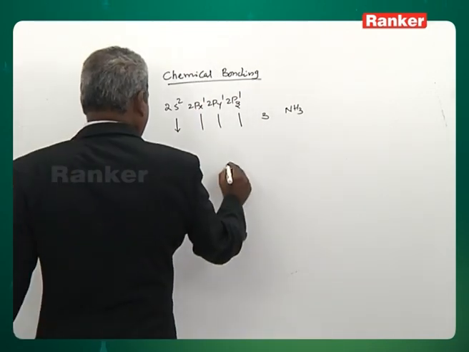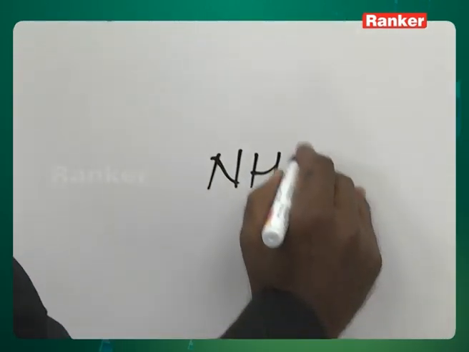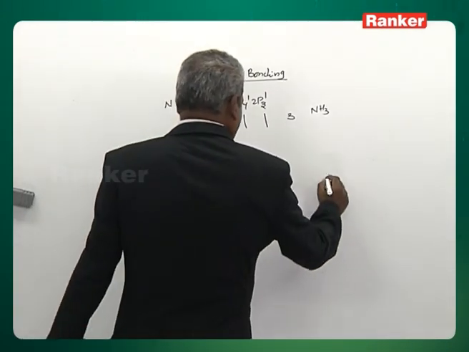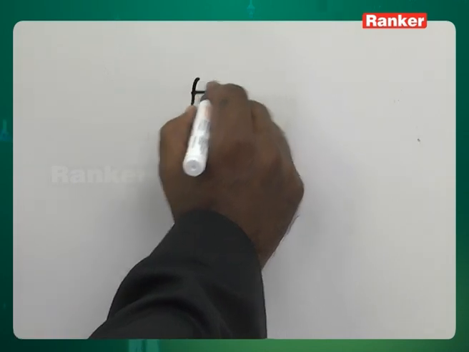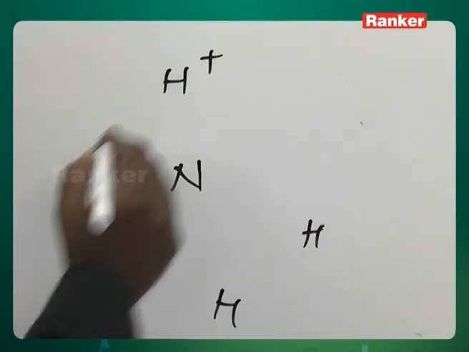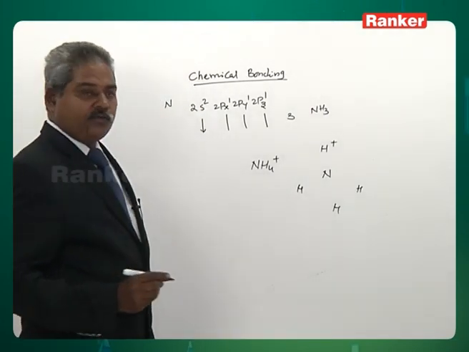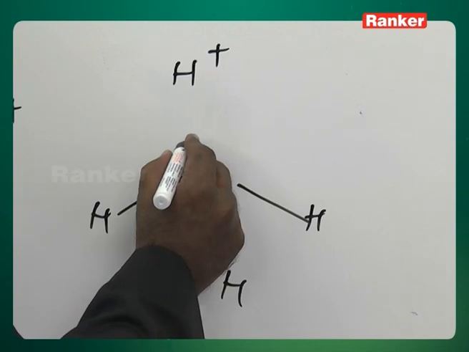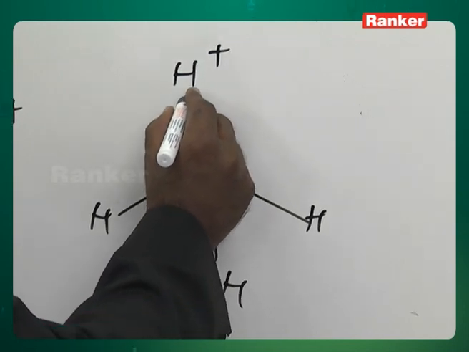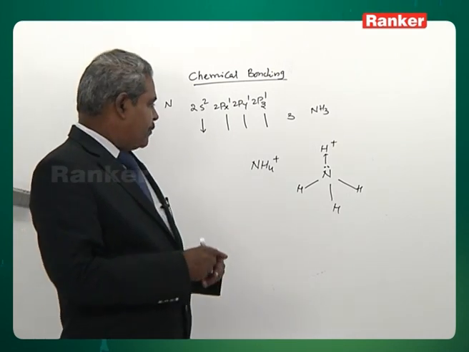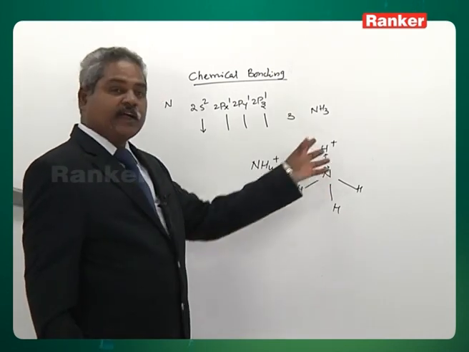Look here, NH4 plus: 1 nitrogen, 4 hydrogens, one of them is a plus, that is what we learnt in structures, and hydrogen forms 1 bond, and nitrogen still has a pair of electrons it donates. By donating the pair, the shape of nitrogen goes from pyramidal to tetrahedral.